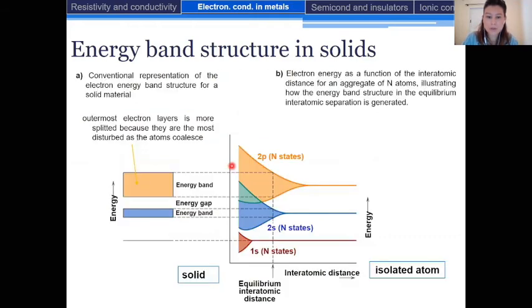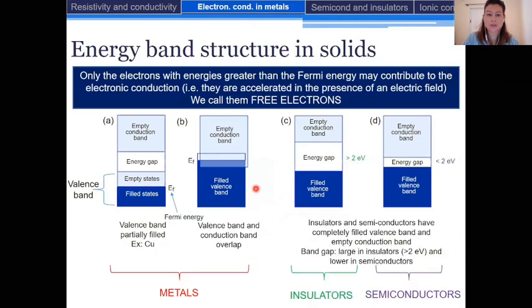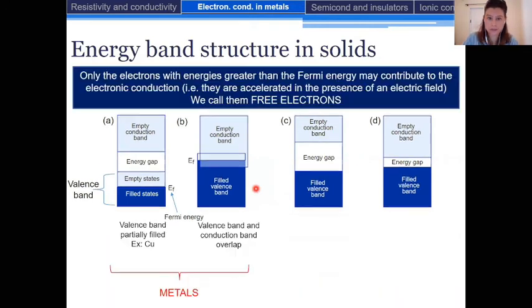This is possible if we come back to this slide, if we have a case where the equilibrium interatomic distance would be like here. In that case, you can see that you can have an overlap of one energy band and another one. And so in such a material, you have an overlapping of the valence band and the conduction band.